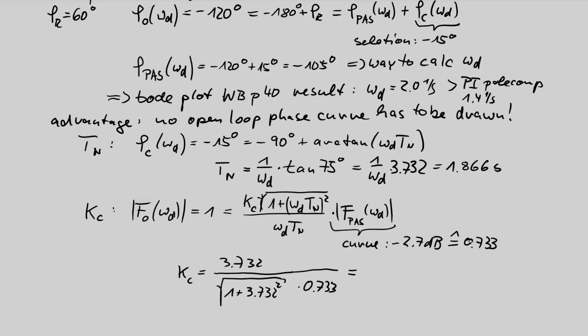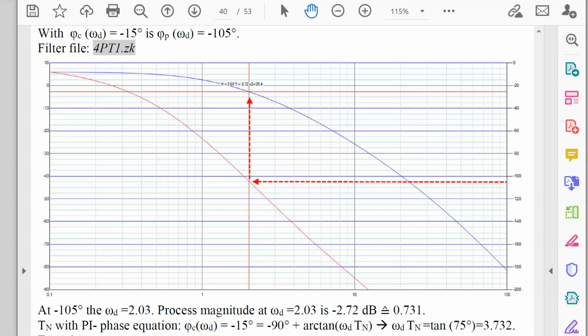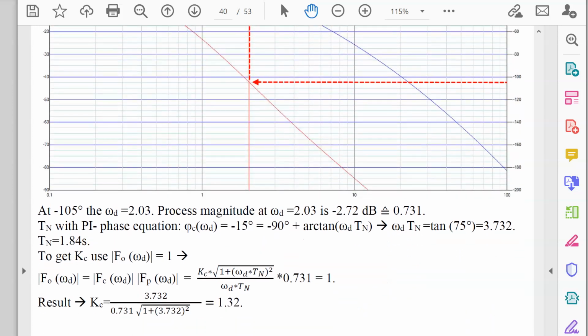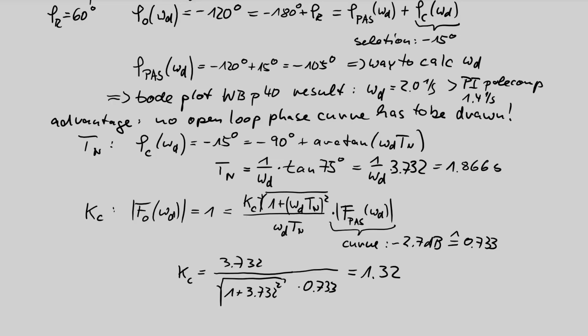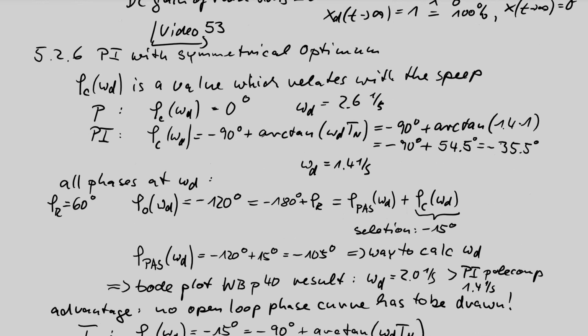Finally, this gives 1.32. In my document workbook, I have calculated exactly the same value. Here you see 1.32. So this is the result. This Tn, 1.866 seconds, and this Kc is the new PI controller with this new design.